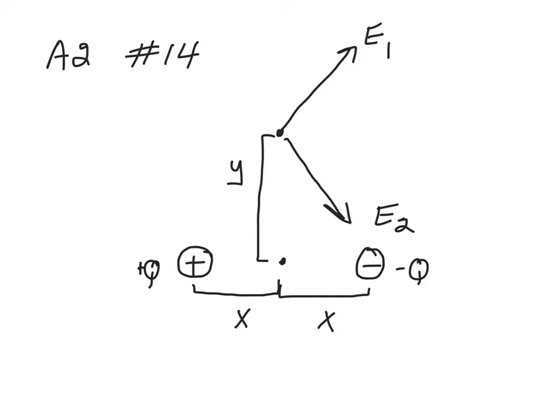Okay, so what you should have thought of is that the y components of the two vectors are going to be equal and opposite. And the x components are going to be equal and in the same direction.